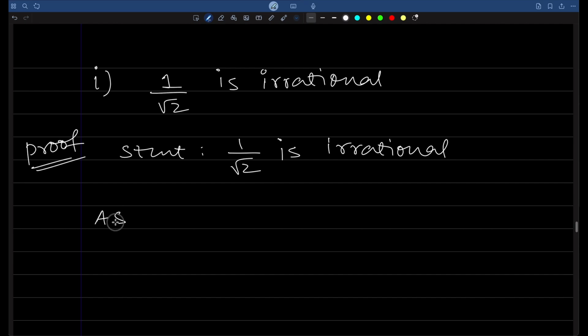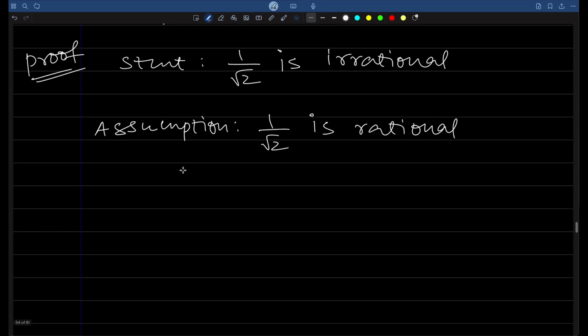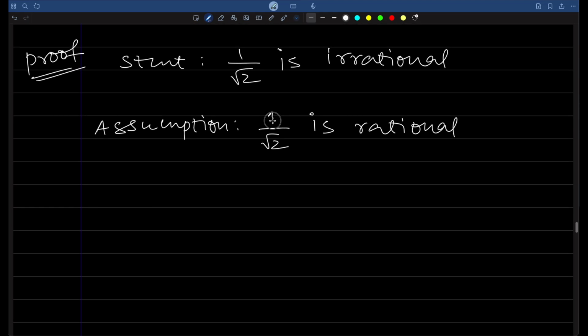We will assume that 1 by root 2 is rational. If 1 by root 2 is rational, we can represent the number 1 by root 2 in the form a by b, where a and b are integers.